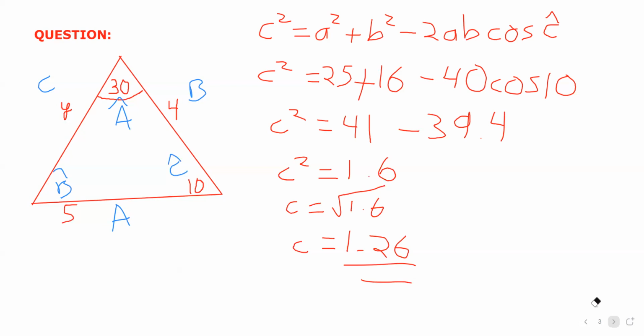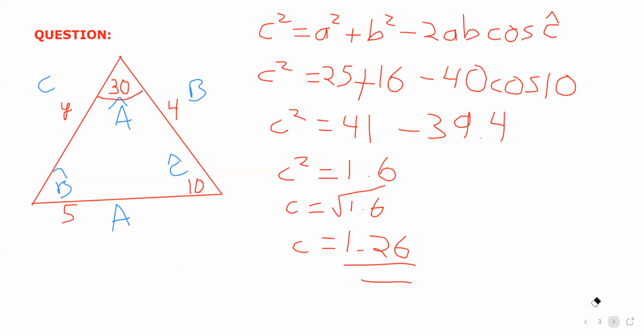Alright, so to recap the question in terms of the steps. The first thing we do is label the triangle. When we are labeling it, we let C be the pair that we have the unknown for. The unknown can either be the angle for C or the side for C, as in this case it's the side for C. We don't really care which one is A and B after you label C. It doesn't matter which one you label A and B, you still get the same answer.